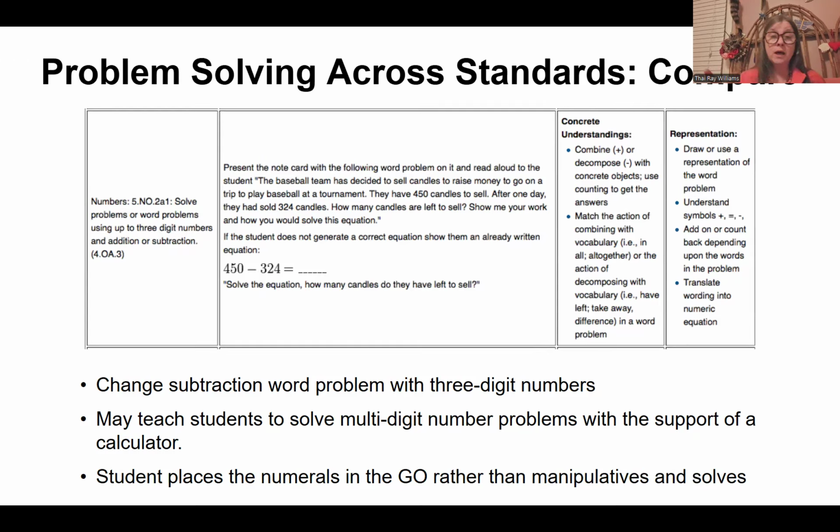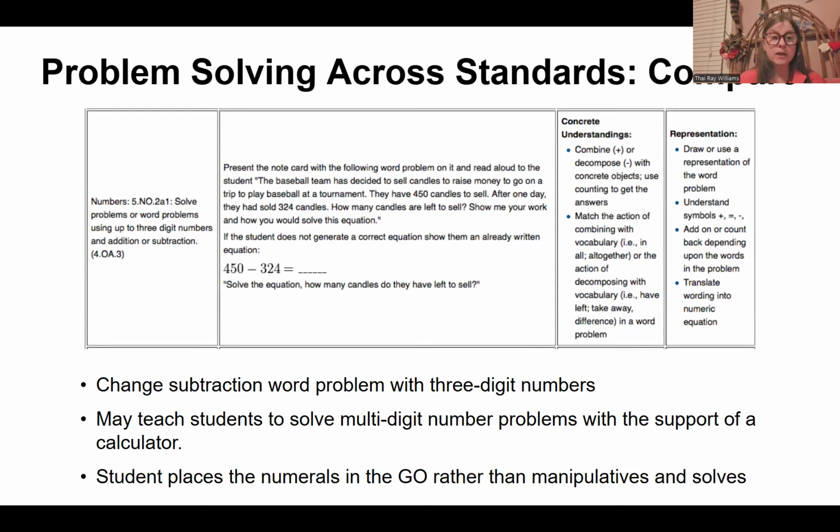After one day, they have sold 324 candles, and they need to know how many candles are left. Now, when we think about that, oh my goodness, there's no way I'm going to take 450 manipulatives and put them in this graphic organizer. But we know we need that graphic organizer to support our students' understanding and learning, so we're still going to use it, but we're going to use it in a different way.